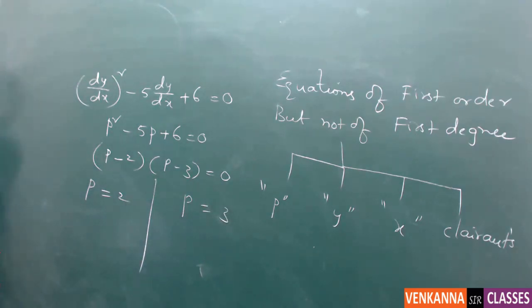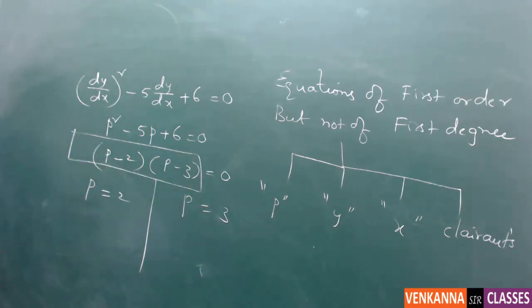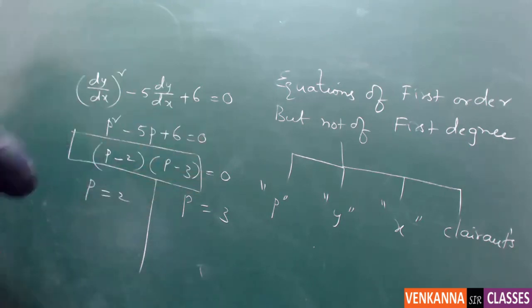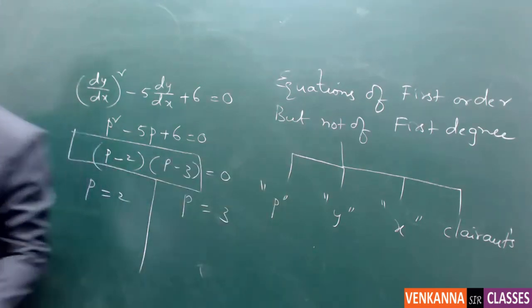So solvable for p is nothing but: whenever a given differential equation is possible to write or represent as linear factors of p, p minus something into p minus something equal to 0, then such an equation is called an equation solvable for p.